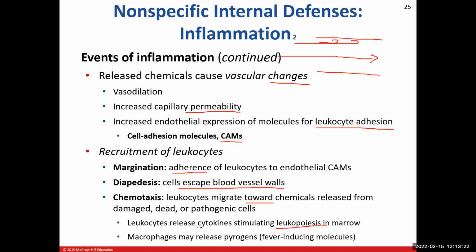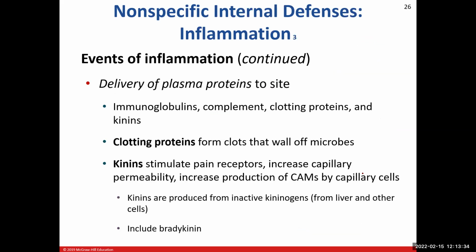How do we do that? Through the release of cytokines. And then macrophages are going to release what we call pyrogens. And they are going to cause fever. Actually, fever is good. It really is. I mean, a really high fever is not. 109 is bad. Okay, 106, not very good. But if you have a fever of 100, that's not bad.